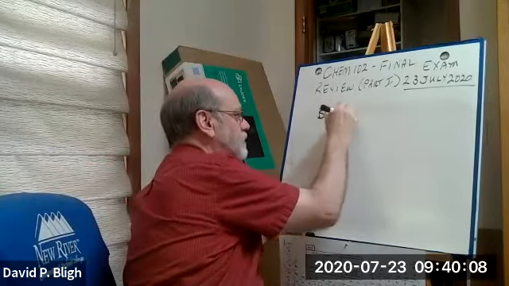So 10 to what power equals 1? 10 to the 0 power is 1. So this expression is 0, and in that case, the pH at this point is equal to the pKa. So if you know the pKa of your weak acid, that is smack dab middle of the buffer zone.